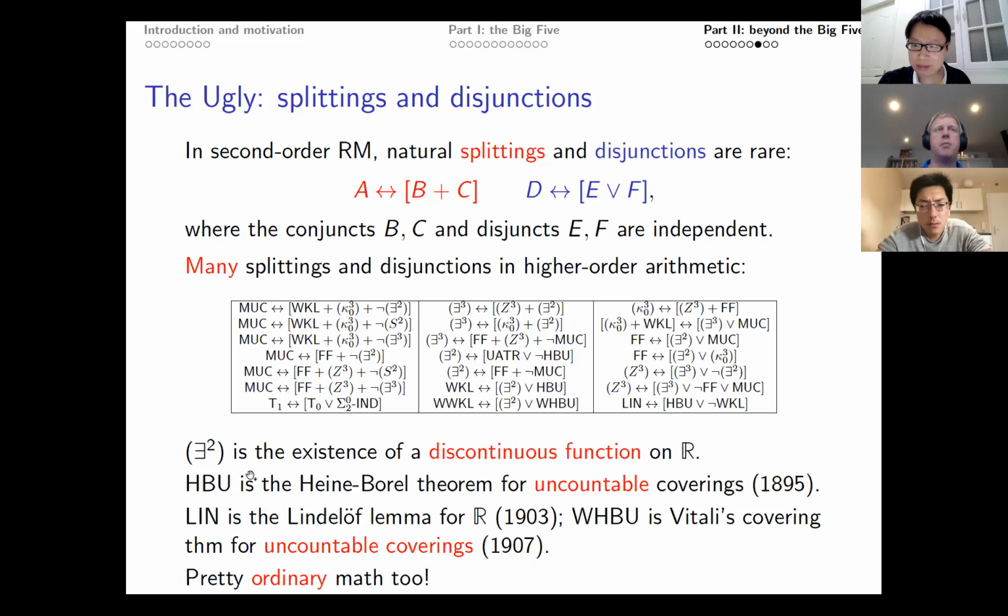Heine-Borel for uncountable coverings does not imply that there's a discontinuous function. So here essentially in the splitting we see that reflected, and so we should use two measures: one for comprehension and discontinuous functions, and another measure where we don't have discontinuity around.